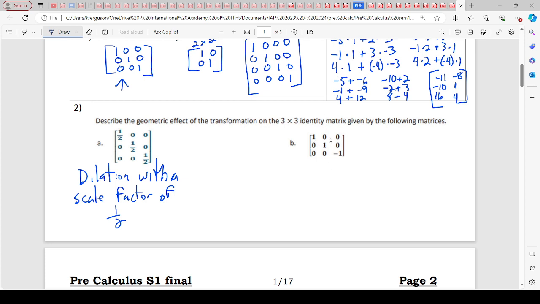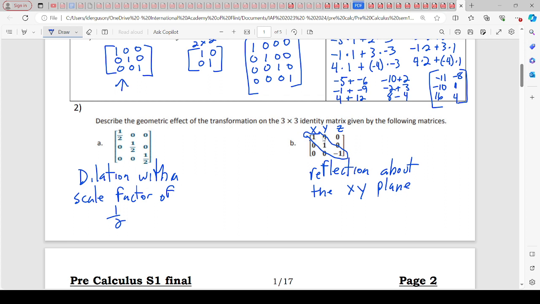So anyway, this right here is a reflection about the XY plane. See, this first one represents X, the second one represents Y, and the third represents Z. So when I'm looking at the identity matrix, all ones going this way, if one of them is negative, it makes a reflection about the other two.